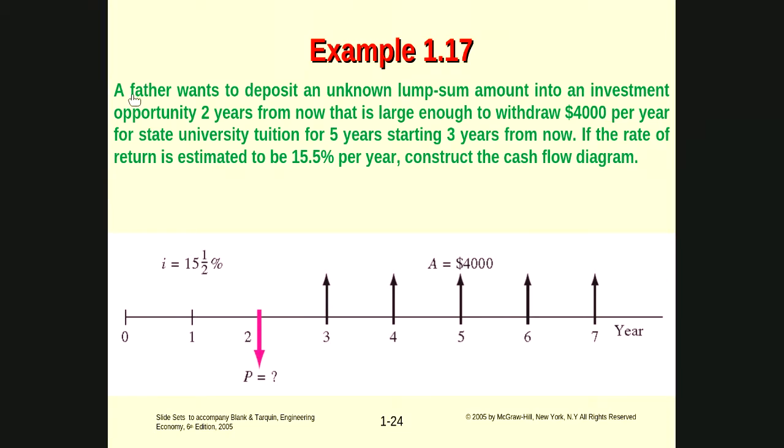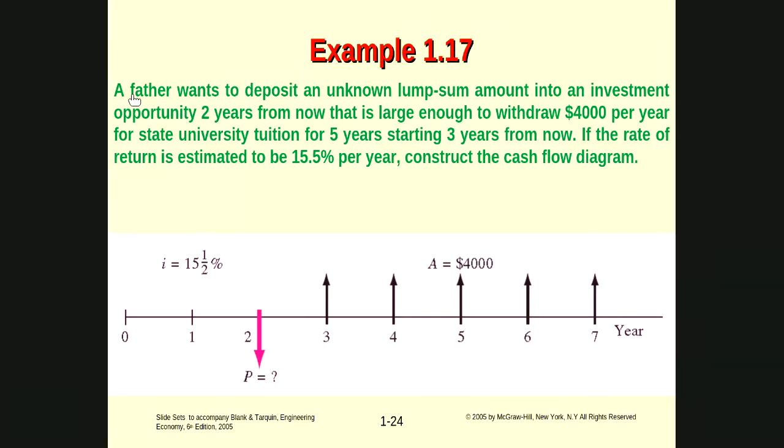A father wants to deposit an unknown amount, he saves an amount he doesn't know yet, for an opportunity 2 years from now that is large enough to withdraw 4,000 per year for state university tuition for 5 years, starting 3 years from now, if the rate of return is 15.5%.